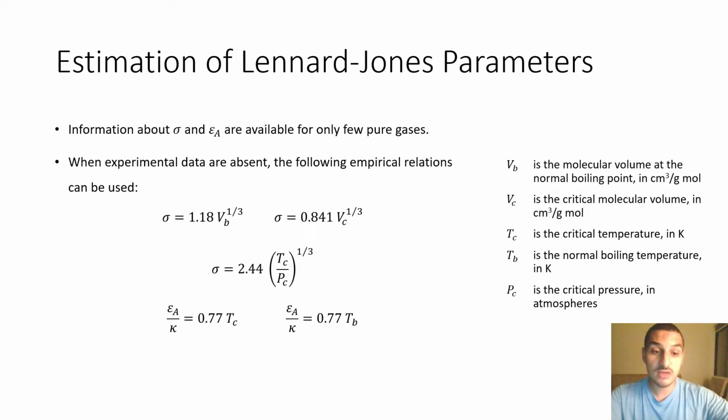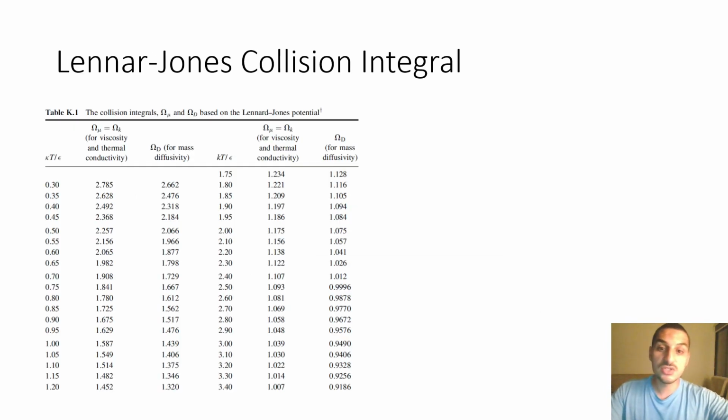And now we have only one last piece of information that we should know so that we can substitute in the diffusion coefficient equation, which is the relation between kappa T over epsilon and omega D. This table shows the collision integrals based on the Lennard-Jones potential. You have a column here for kappa T over epsilon.